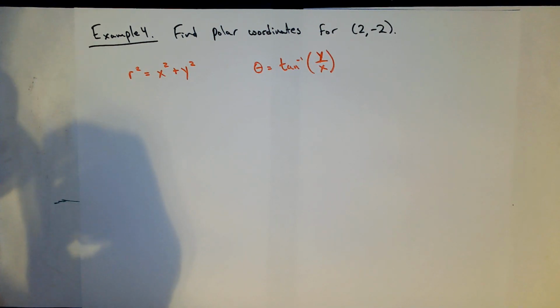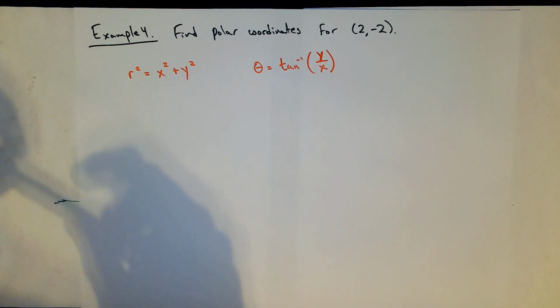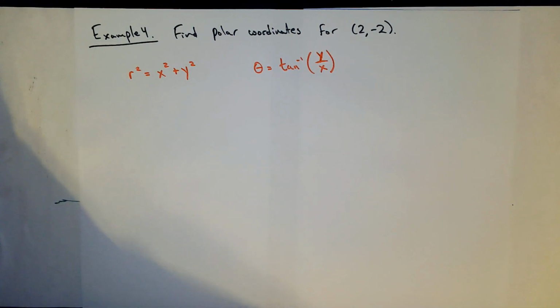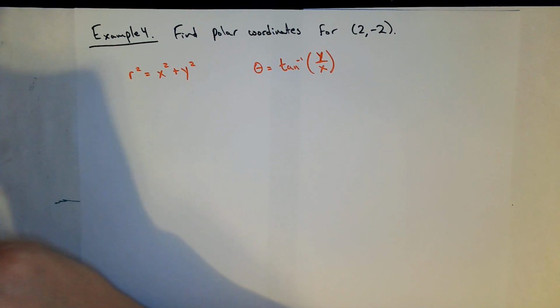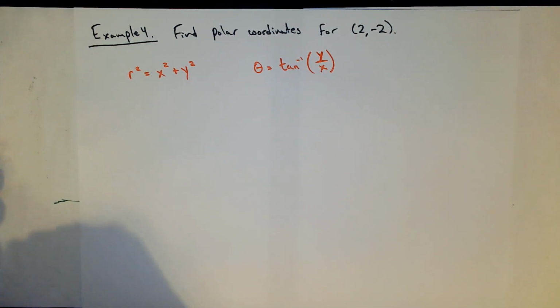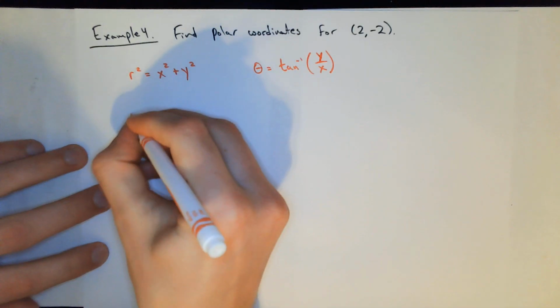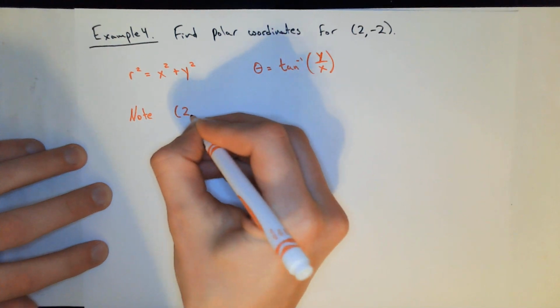I should note again that since we're finding polar coordinates, I need to be wary of these points, making sure my point's at the right spot, right? So what quadrant am I in? I should note that. Note 2, -2.